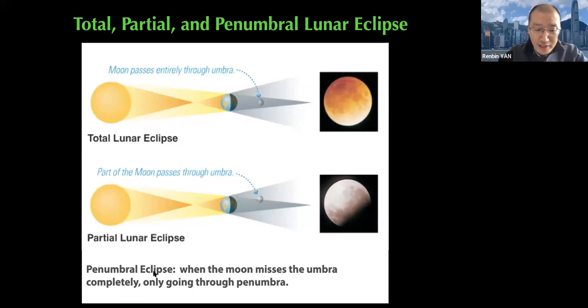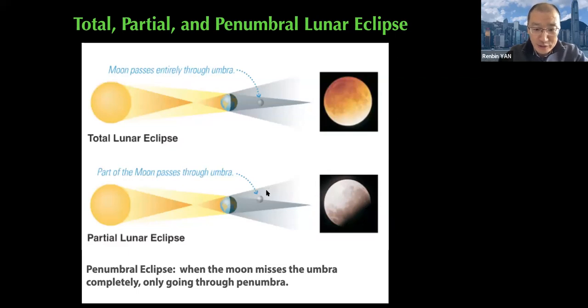Okay, and also there is a third kind of eclipse that is usually not talked about a lot in the media, and this is called the penumbral eclipse. This is when the moon misses the umbra completely, only going through the penumbra part of the shadow. If the alignment happened to be that the moon, when it is going through the full moon position on its orbit, is only going through the penumbra part, then the full moon will get a little darker than usual, but you will not notice a very obvious disappearing of the moon, so you will not see half of the moon disappear.